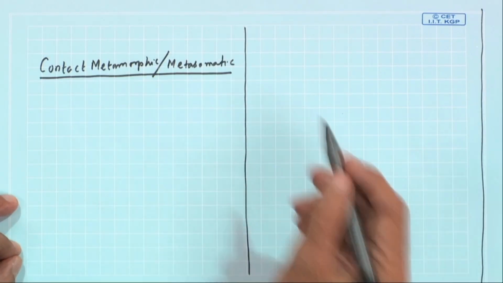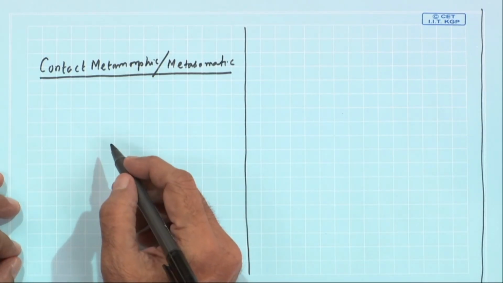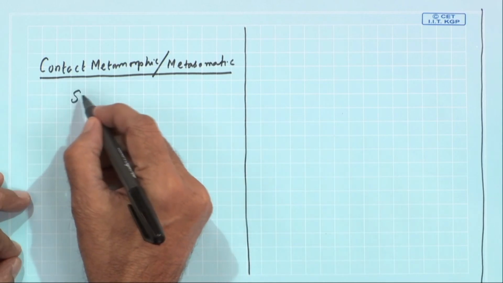The dominant ones are generally the skarn deposits.